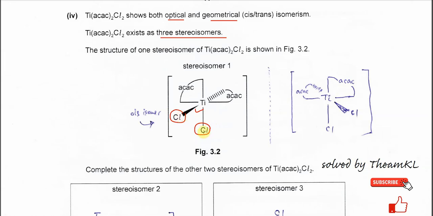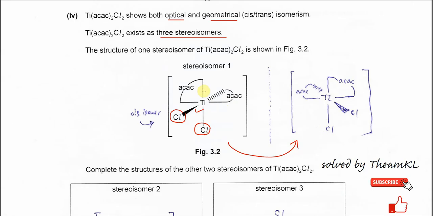So remember, the cis isomer will form optical isomers as well. Let's say now we draw a mirror and the mirror image. So the mirror image of this cis isomer is this, right? So you must follow. This drawing is slightly different from what we did so far.